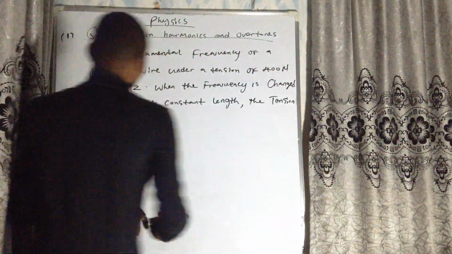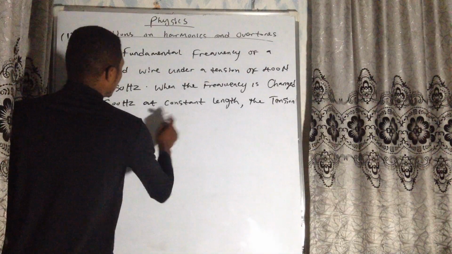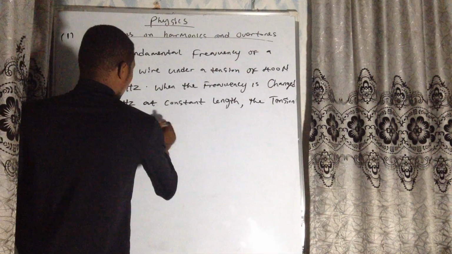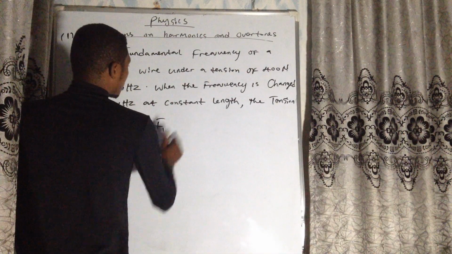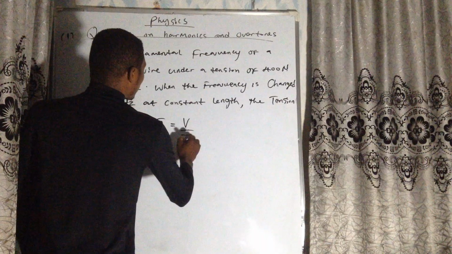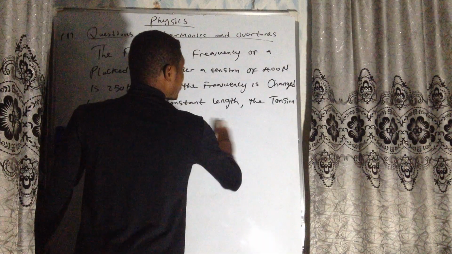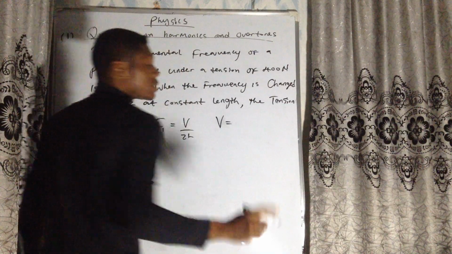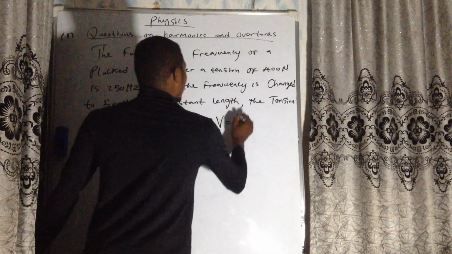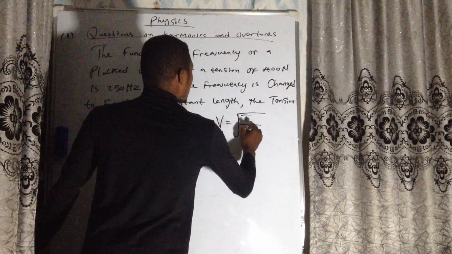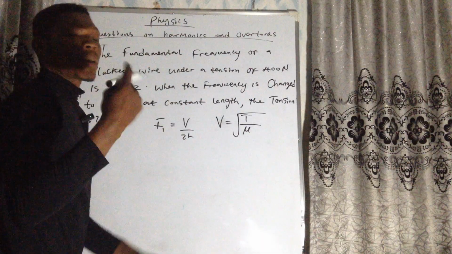So now, the fundamental frequency of a plucked string F1 is equal to what? V over 2L. Now, the velocity of waves on a plucked string is equal to the square root of what? Tension over mu, where mu is the mass per unit length.